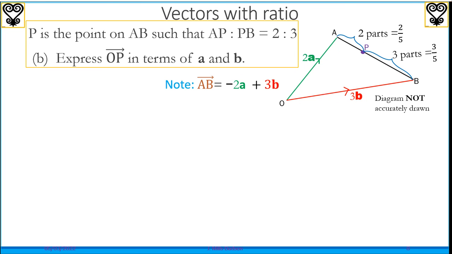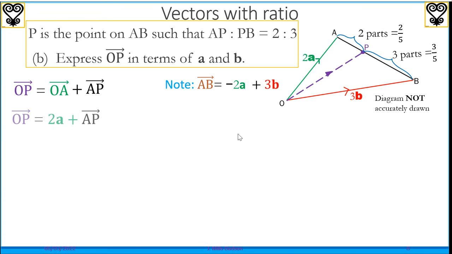Okay, so having got that, we already worked out AB from the previous slide as negative 2A plus 3B. So if you want to work out OP, we can go OA, then plus AP.